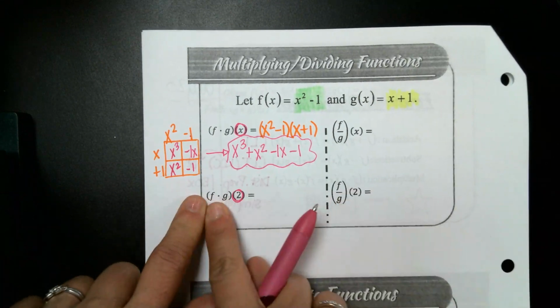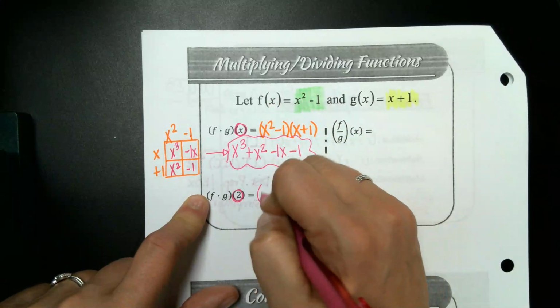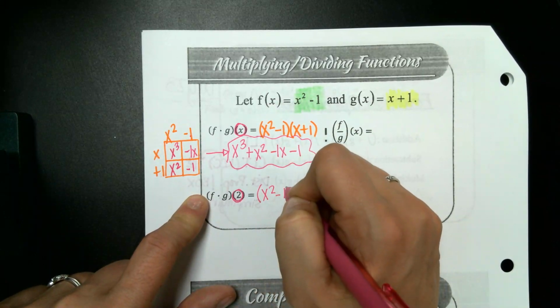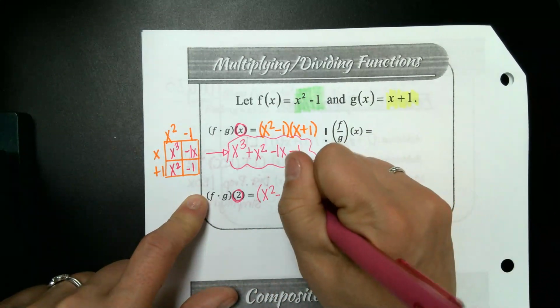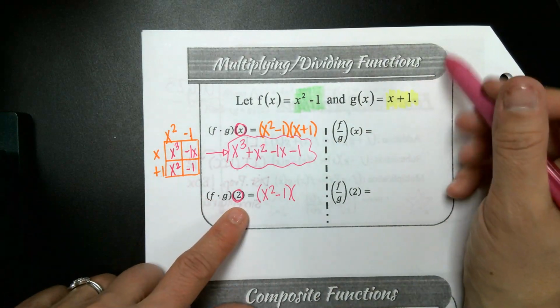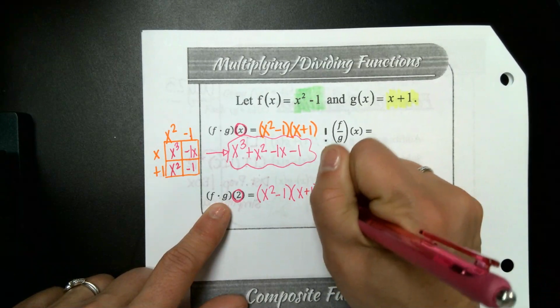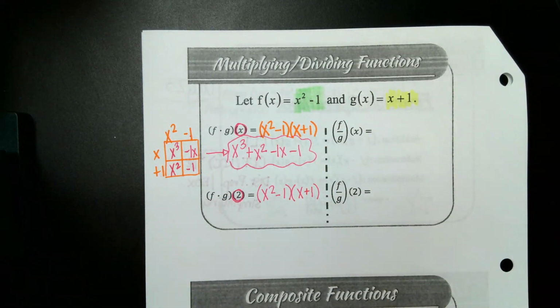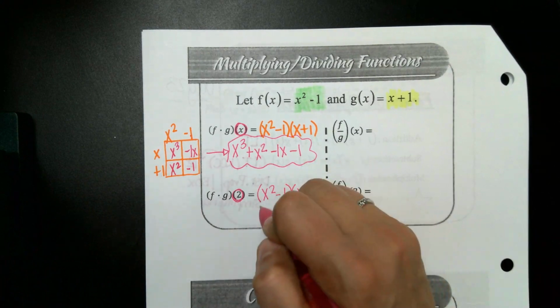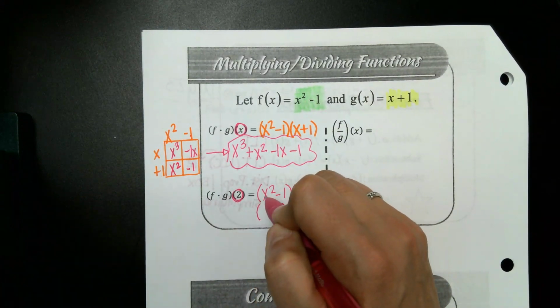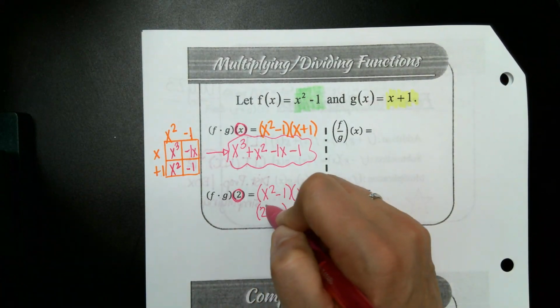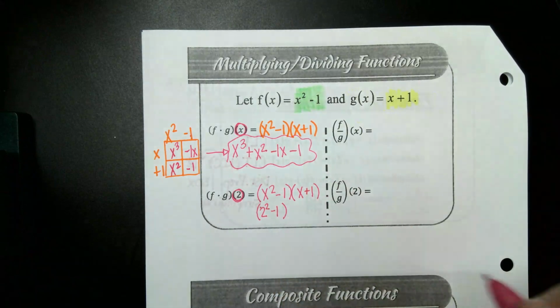Okay, so if I take f, which was x squared minus 1, and we're going to multiply it by the g, which is x plus 1, they have just now given us the number to plug in for x. So look, we'd plug in a 2 right here, so 2 squared minus 1.